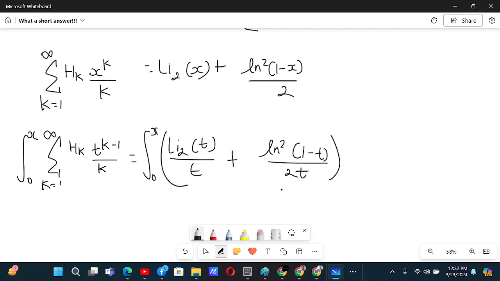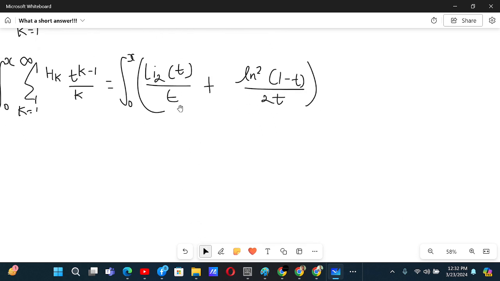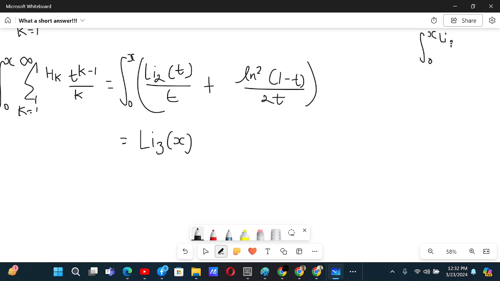Now if we try to integrate this from 0 to x, this one is basically easy because this is just Li3 of x. Yeah, this is the definition. Basically we have that integral from 0 to x of Lip of x by x dx. Since here's x, here I need to use t.